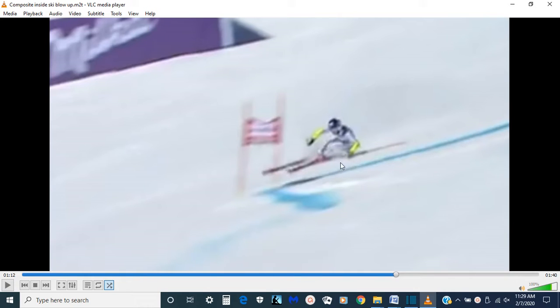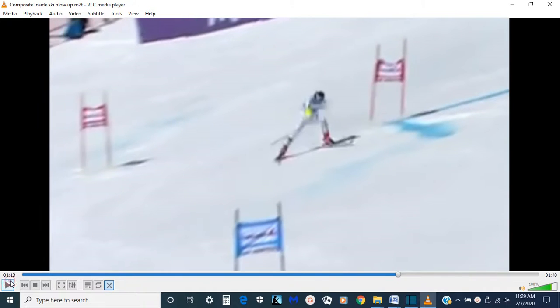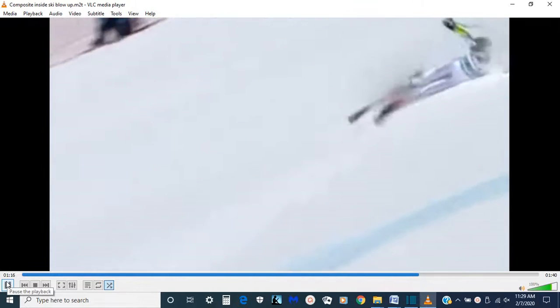No counter rotation. She's going to have a two-footer, side by side, right? All her weight's going to be loaded on the inside ski, right? Let's see if she raises her outside arm. No? It could have been due to the terrain, too. Maybe it was a little high there, but she had no counter rotation. That was a fundamental reason why. And she gets torqued around. All right, that's the inside ski blowup.